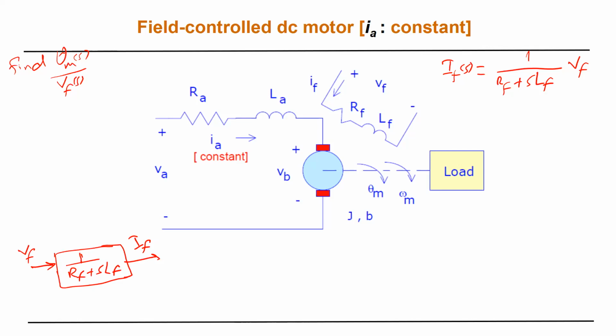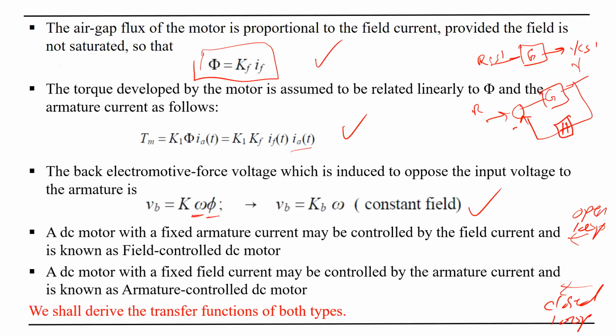Okay. Now, the developed torque, Tm. What does the developed torque proportional to? Remember, proportional to the two fields. This is Tm equal to two currents: Kf, If, Ia.